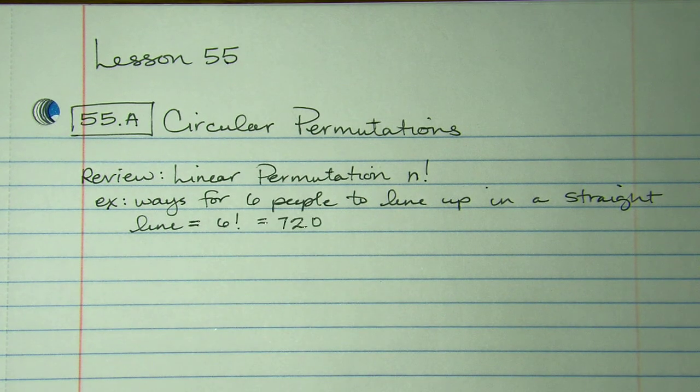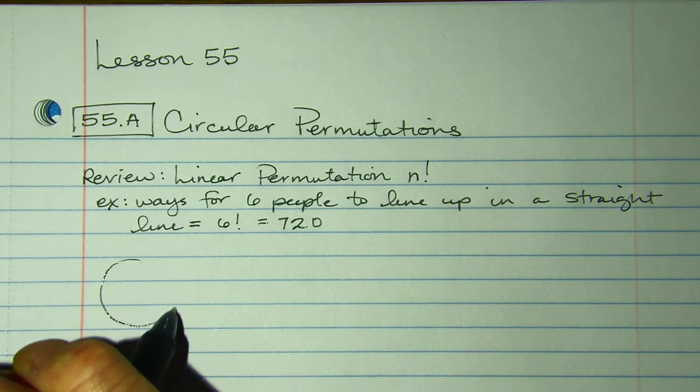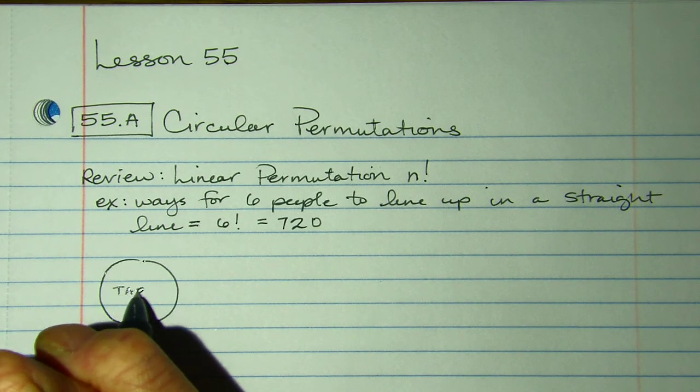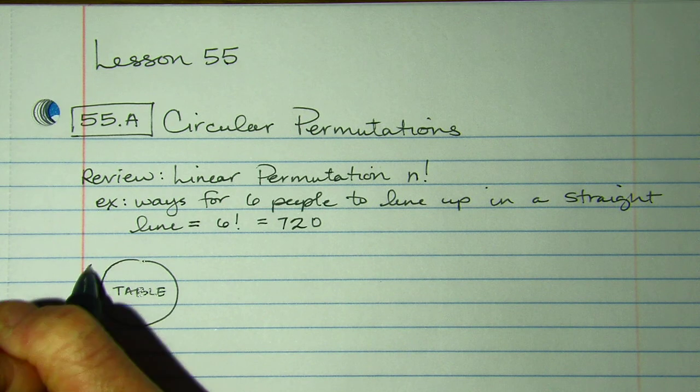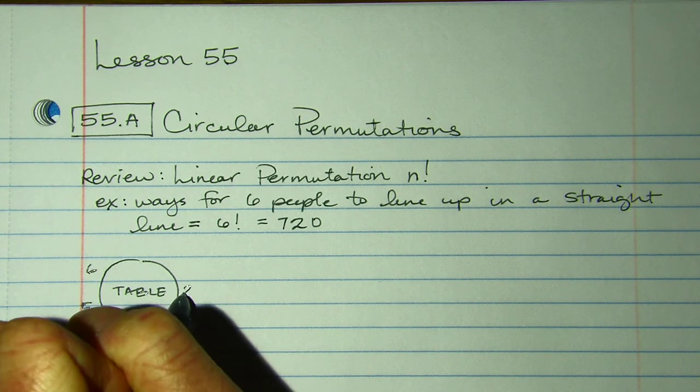Now, a circular permutation is if we were sitting at a table. And so if there were 6, 5, 4, 3, 2, 1.